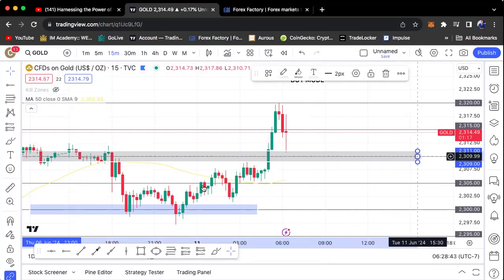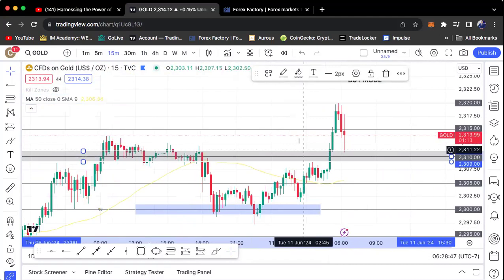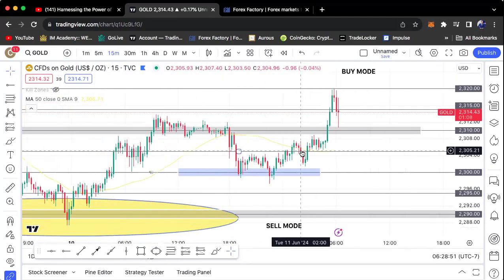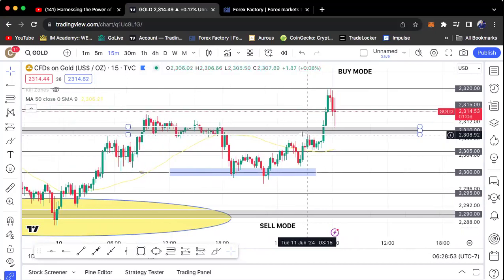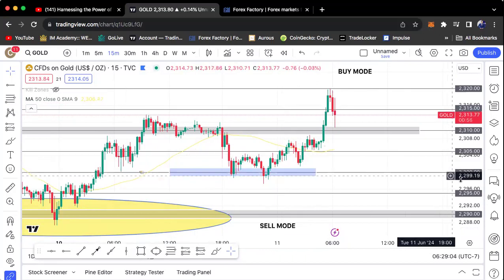London session, it broke above this structure, this hourly structure. So I have my outer zones and I have my internal zones. My gray zones are my hourly zones, my support and resistance zones. And then my blue zone is my internal zone, the 15-minute zone, which you can use as support and resistance as well.